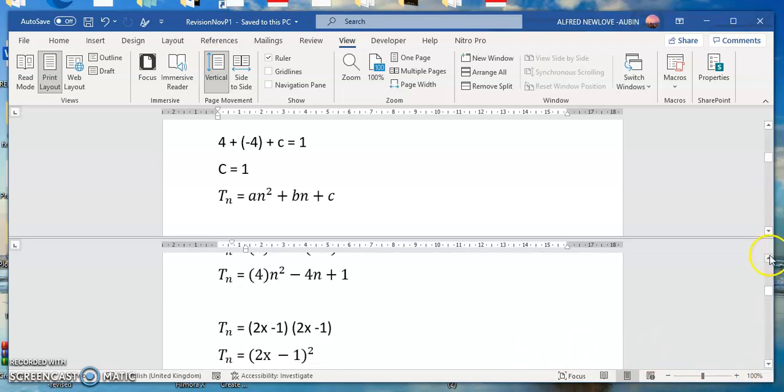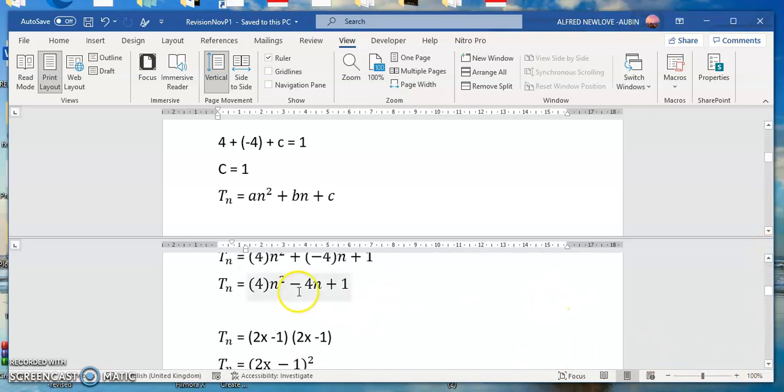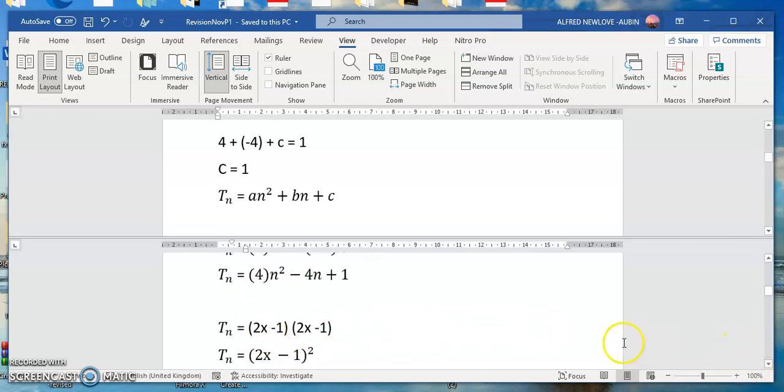Now we've gotten this one. We can write this in this form, because if I expand this, I can factorize this one to get this: 2x squared minus 1, 2x squared minus 1.